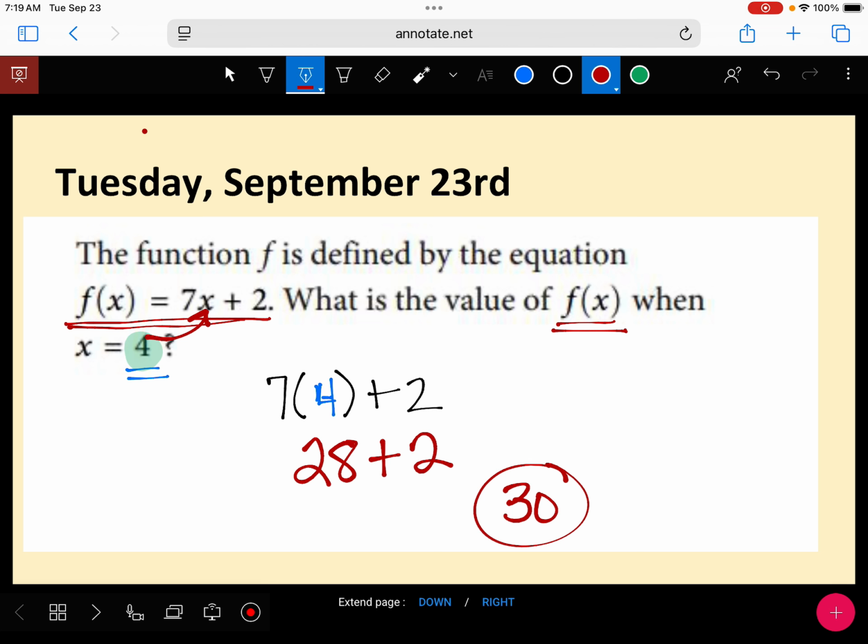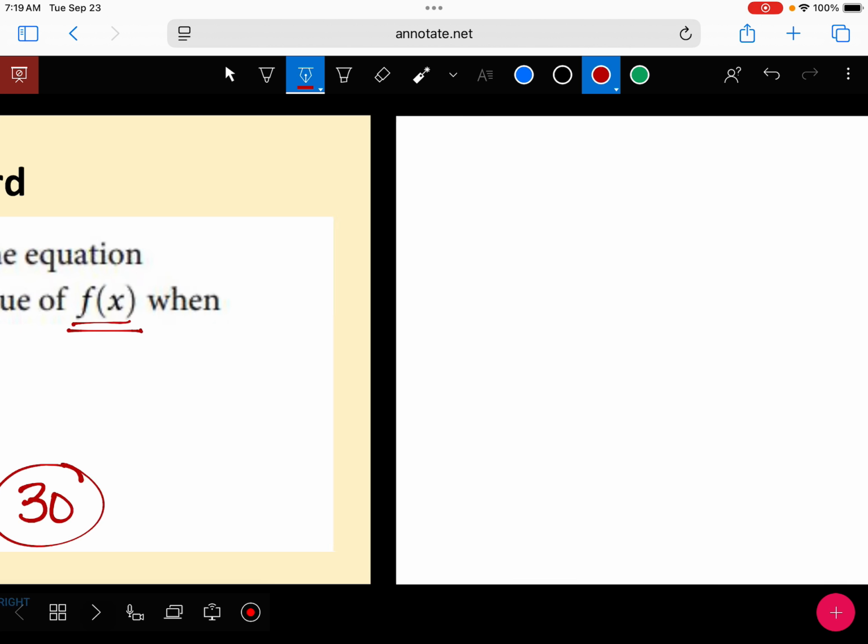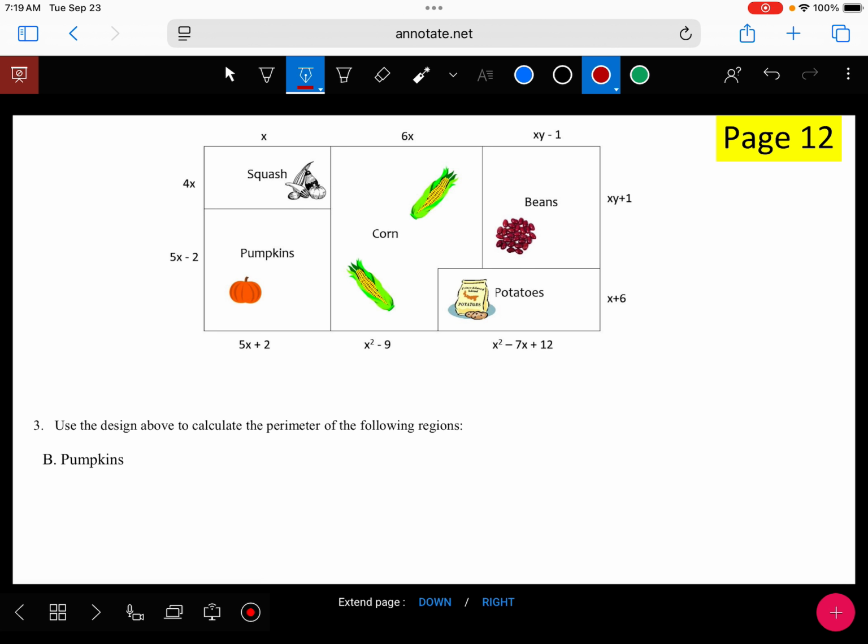All right, so today we're going to talk about perimeter and multiplying. So in your notes, go to page 12.